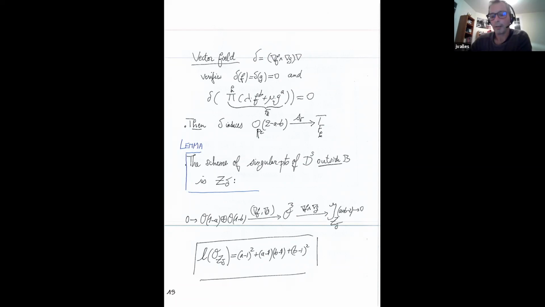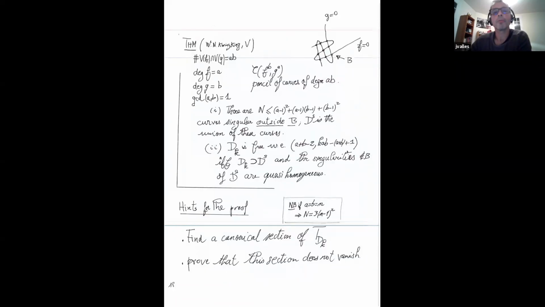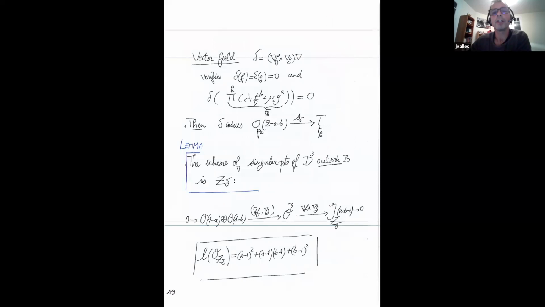So you see, I began with some power, but the vector field is given by F and G, by the wedge product of F and G, and applied to the product of elements of the pencil F^B, G^A, it still gives you a tangent vector field. And this induces a global section S delta.